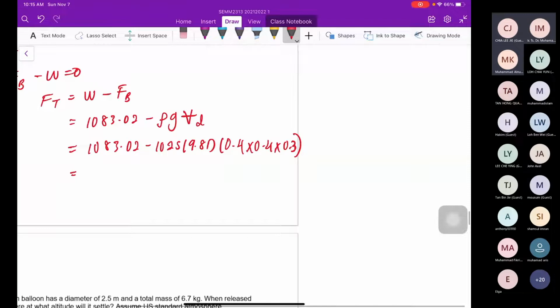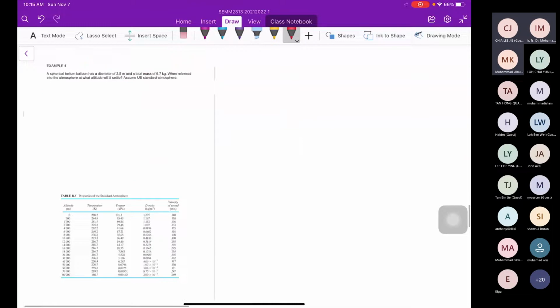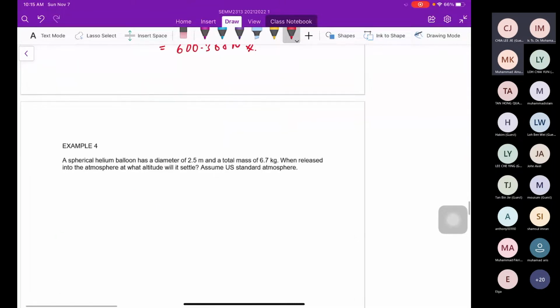So in the end you will get the value of the Ft to be 600.368 Newton. Alright, that is the final value. Okay, this is example 4, your homework. Okay, this is quite easy.